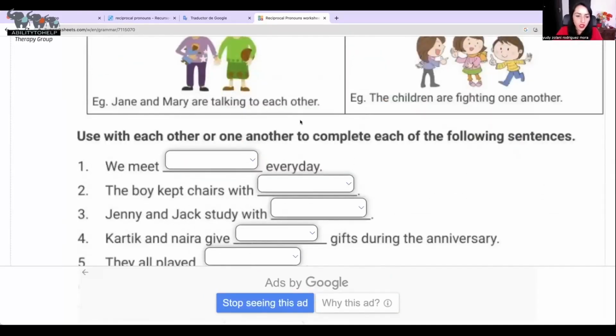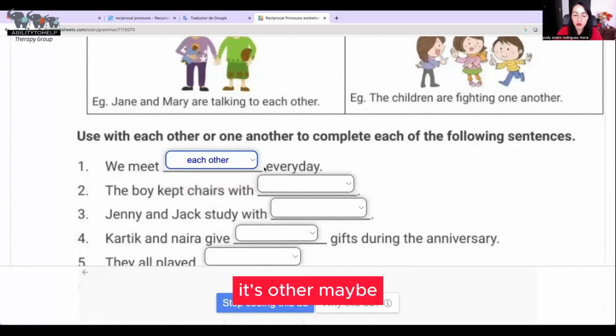Okay. Use each other or one another to complete each of the following sentences. We meet each other. Maybe it's the same as the last example. We could be 2 people, could be 5 people, but it's okay.